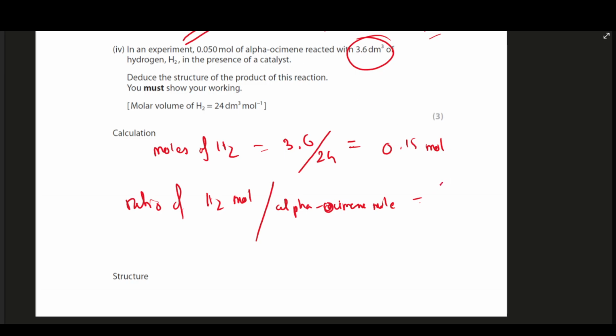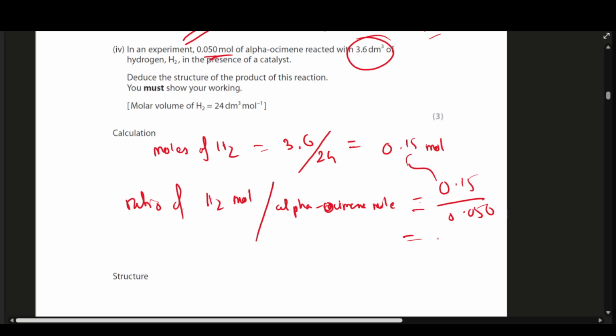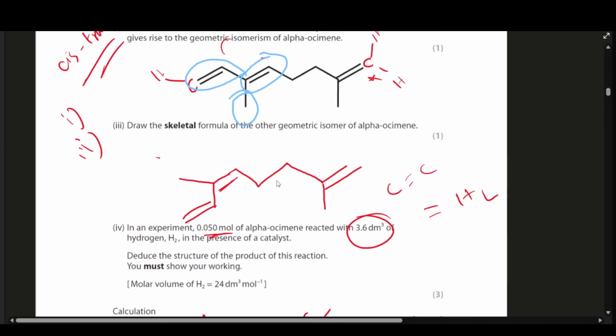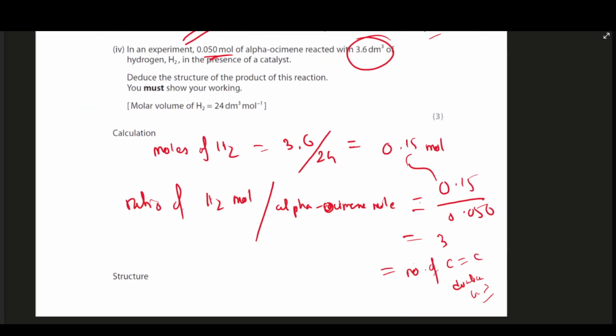So it is 0.15 divided by 0.050, which is provided right here. If you divide it, I get 3. So 3 here represents the number of carbon to carbon double bonds being broken. That means we had 3 double bonds here, so 3 of them are going to get broken down.